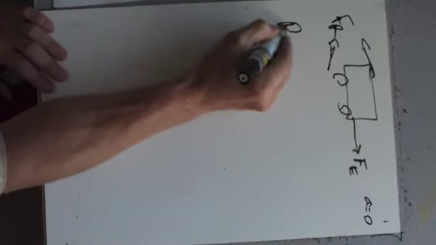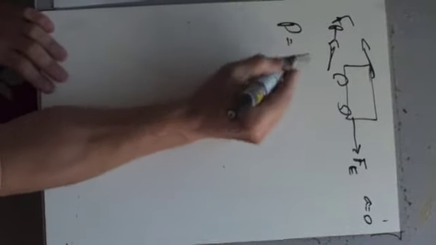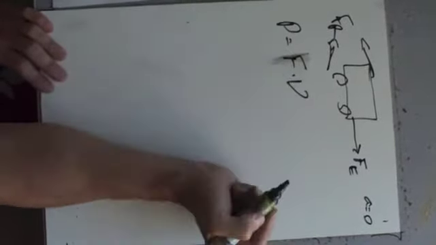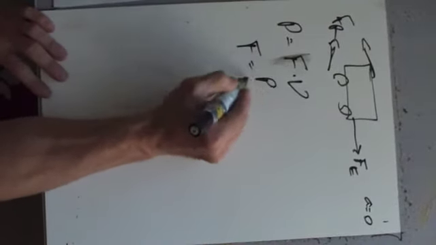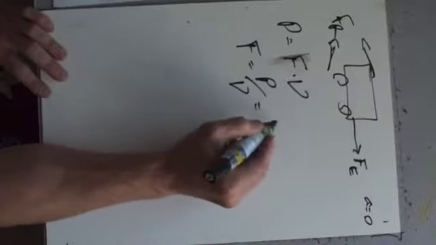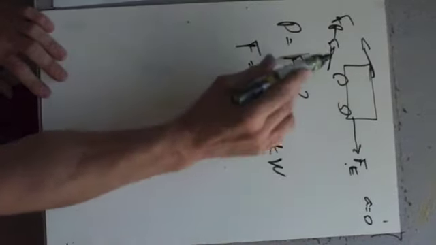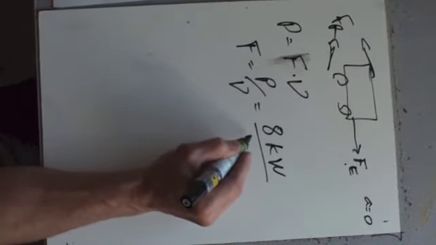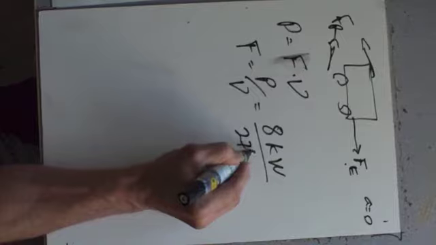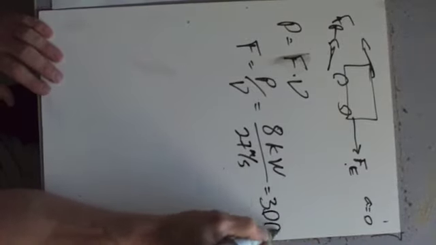And we know the power, and we know that power is equal to force times velocity. And so the force is going to equal power divided by the velocity. And the power is about 8 kilowatts. This is the power that the engine is delivering to the wheels, divided by the velocity, which is about 27 meters per second, yields a force of about 300 newtons.